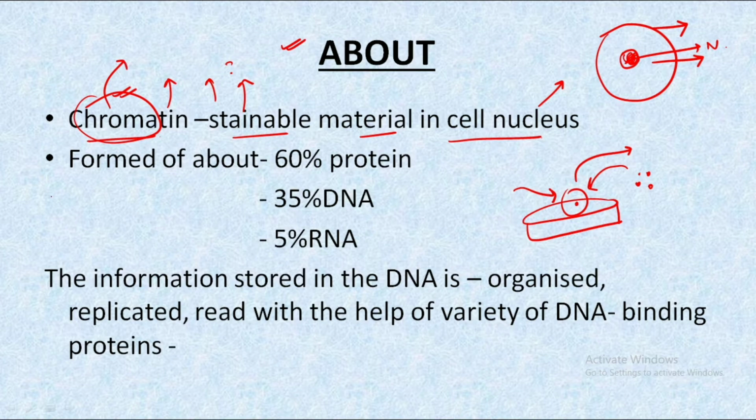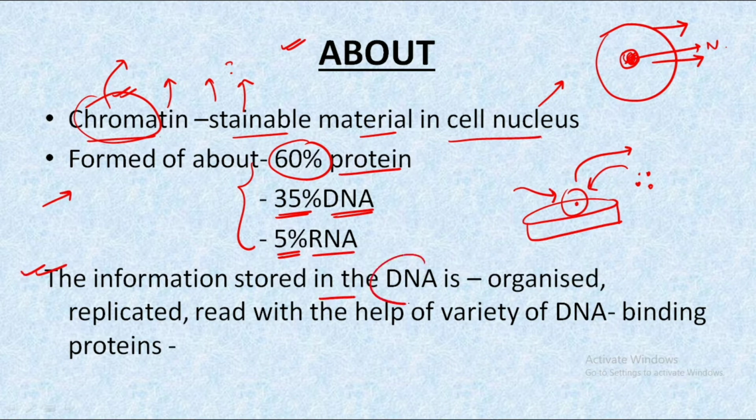Chromatin is actually made up of three components: about 60% protein, about 35% DNA and 5% RNA. The information stored in the DNA is organized, replicated, and read with the help of a variety of DNA binding proteins.